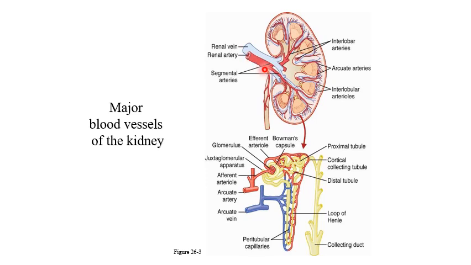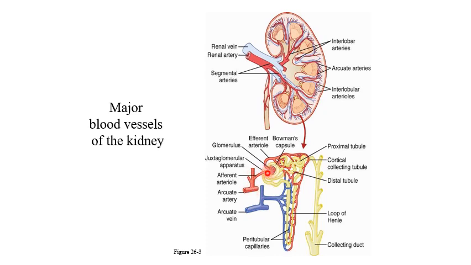So you can see here the renal artery that will divide into different segmental arteries, and then interlobar and interlobular arterioles and arcuate arteries, which are important to bring the blood supply into the nephron, the functional unit of the kidney. The blood supply coming to the nephron comes through an arteriole called the afferent arteriole, coming from the arcuate artery.